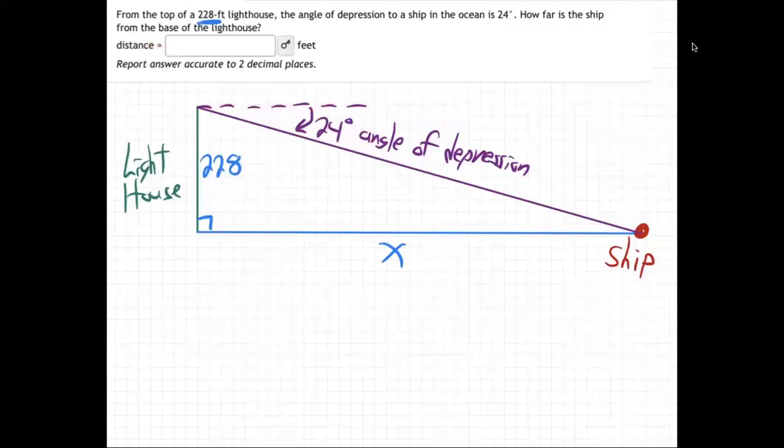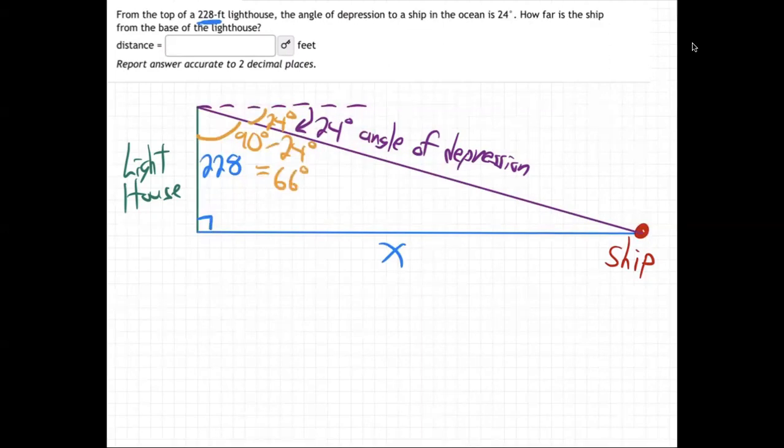So what are we going to do? Well, we're going to get this angle right here. We know this one right here is 24, so this one is 90 take away 24 degrees, which equals 66 degrees.